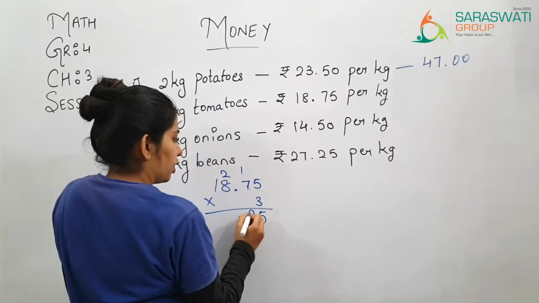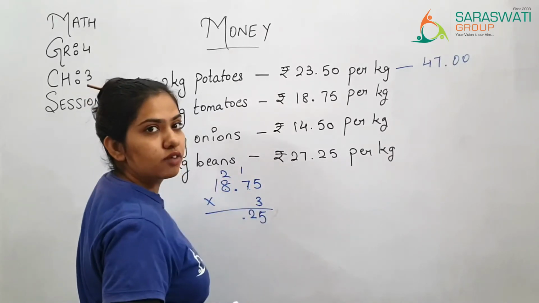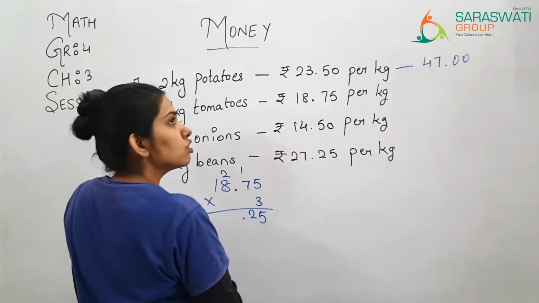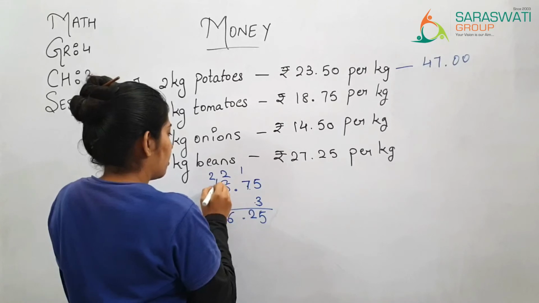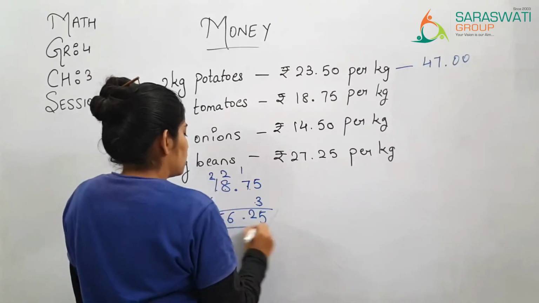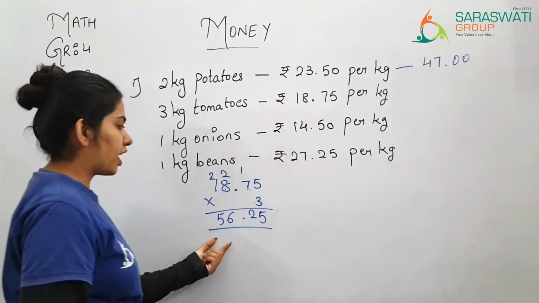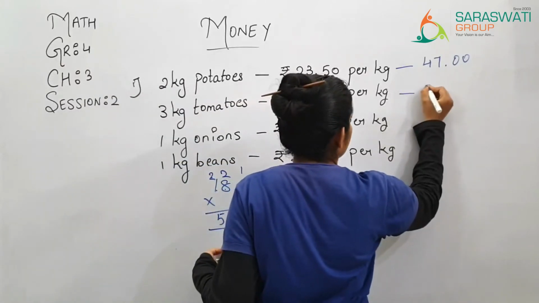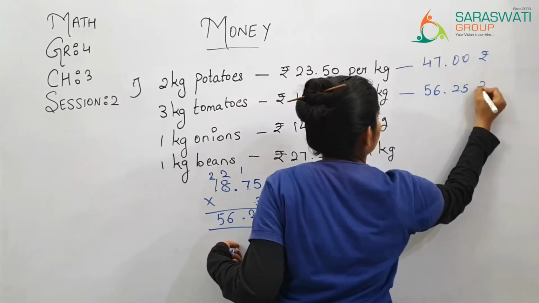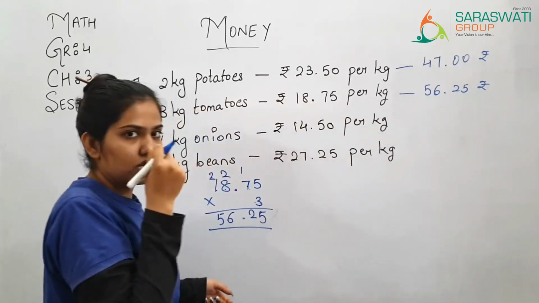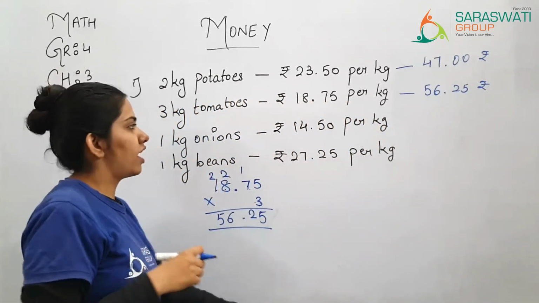Completed this part. 8 threes are 24. 24 plus 2, 25, 26. Now 3 ones are 3 plus 2, 4 and 5. So for 3 kg tomatoes price is 56.25 rupees. Right? 56.25.